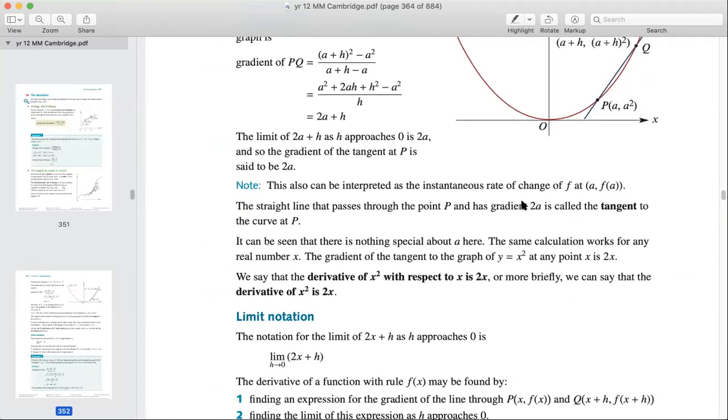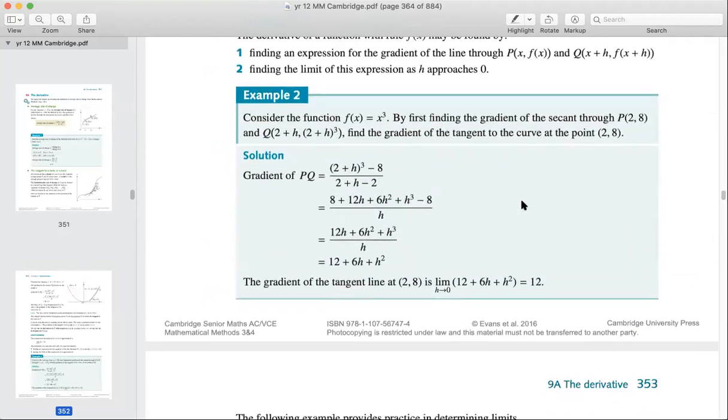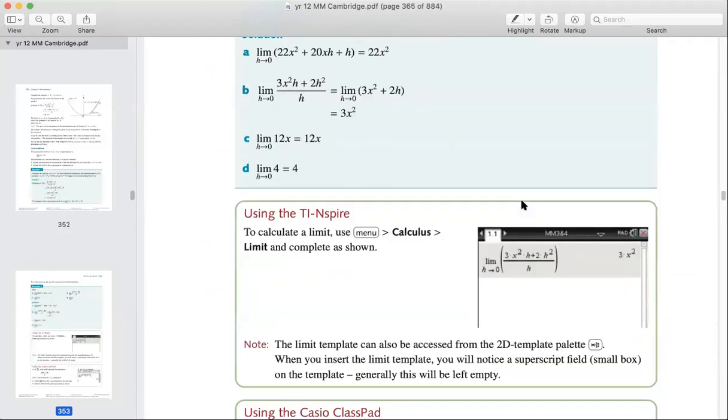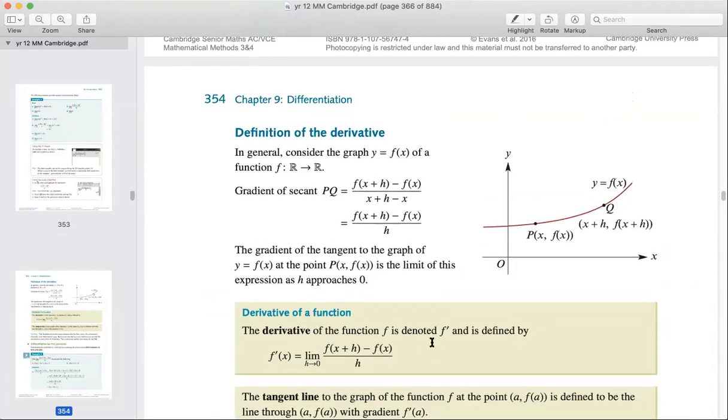That's the whole idea. Basically, we take f(x+h) minus f(x), over h. In this case, my P coordinates are (x, f(x)) and my Q coordinates are (x+h, f(x+h)).